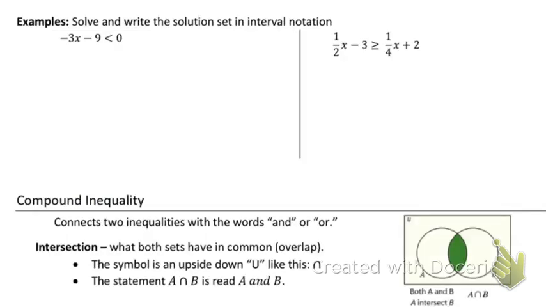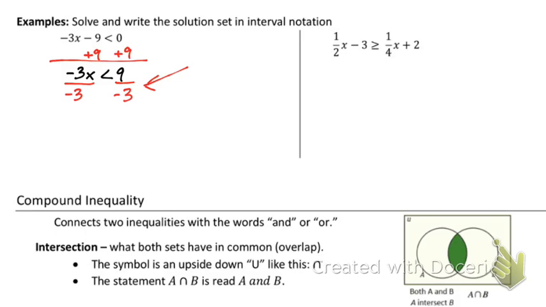And that's what's going to happen in this first one. So we're going to solve this kind of like a normal equation. We're going to add 9 to both sides to get the x's on one side, all the numbers on the other side, which is going to give me negative 3x is less than 9. However, here is where we're going to have to flip stuff because I am dividing by a negative number.